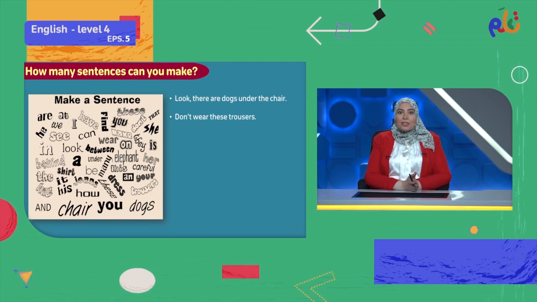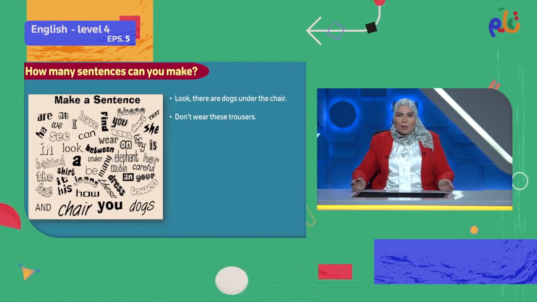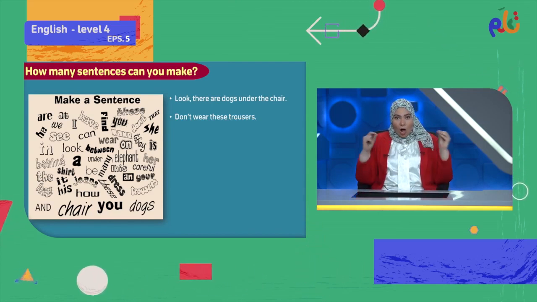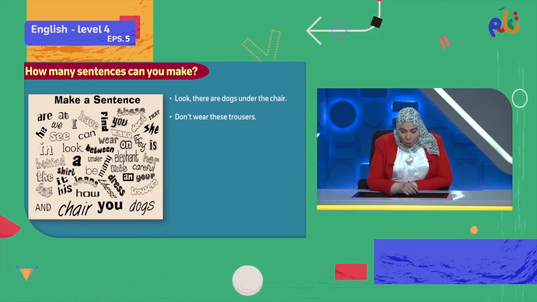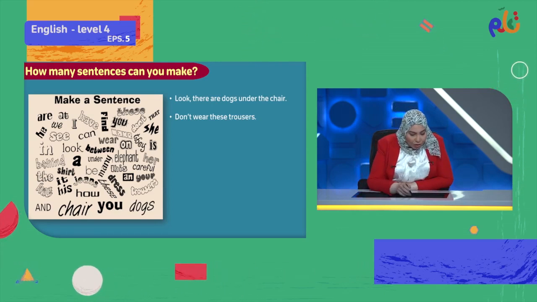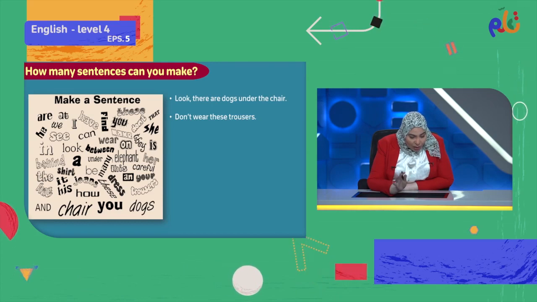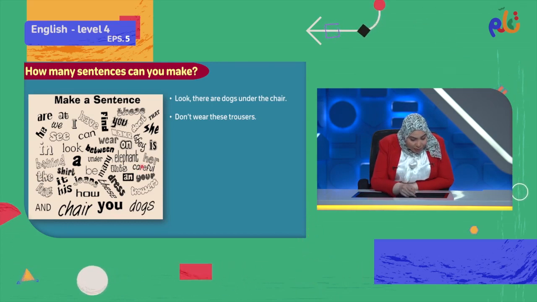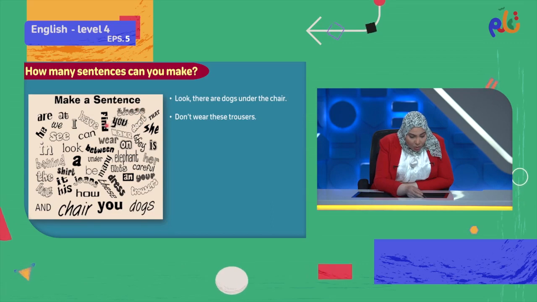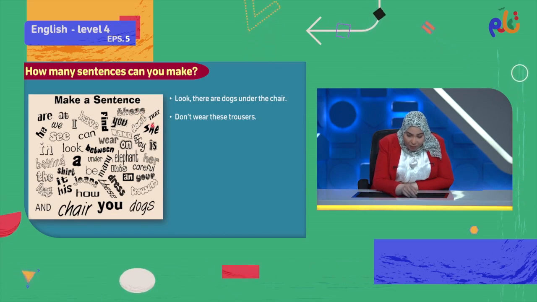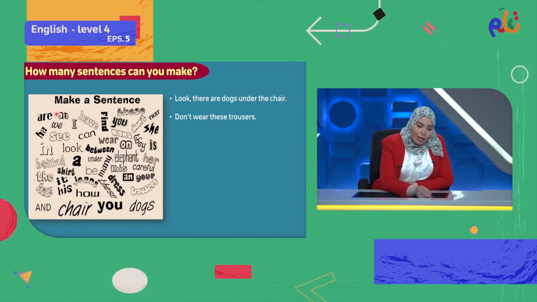The coming sentence, let's try to make it as long as possible. So we're going to try to put a long sentence here. Okay, so let's try, and we can start with a normal regular subject. What do you think we can start with? We can start with she, that would be fine, or he. Let's start with he.